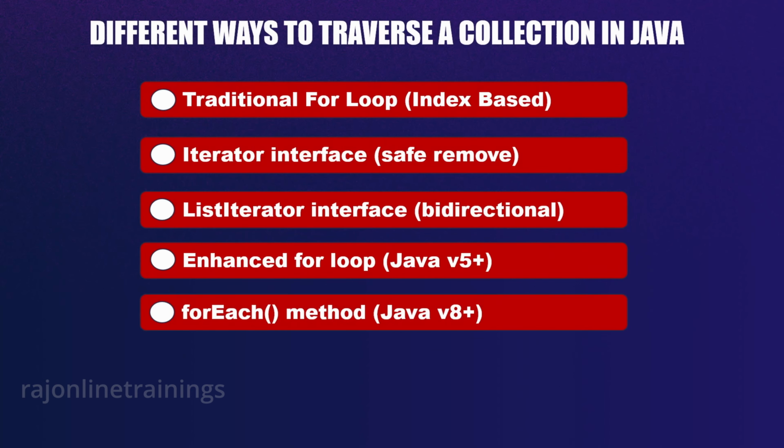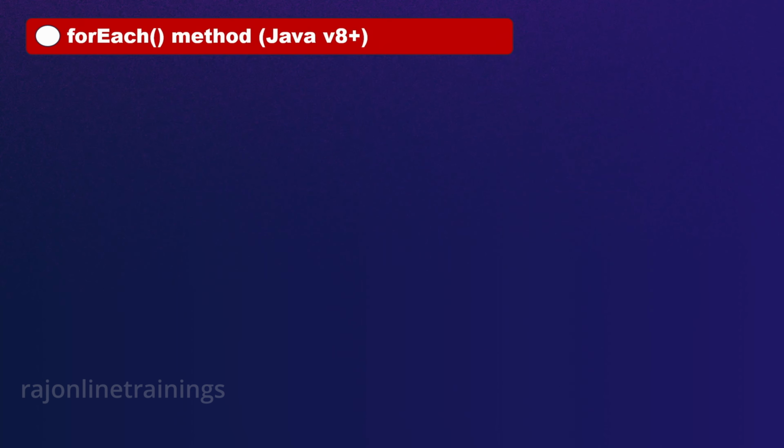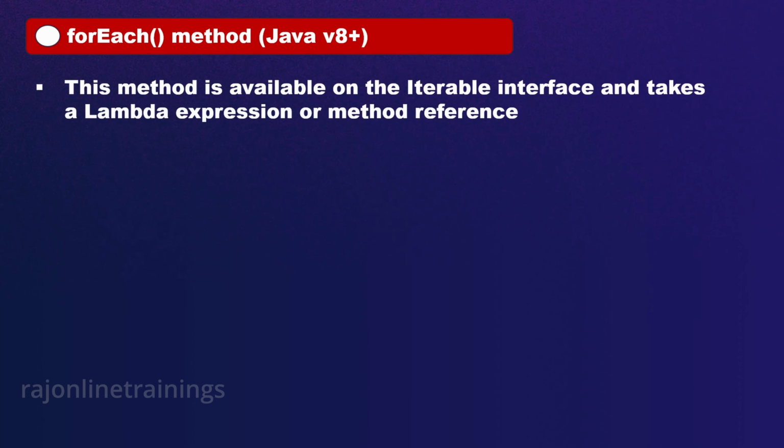The next and very important one is the forEach method, which was added in Java 8. This method is available on the Iterable interface and takes a lambda expression, or it can go with a method reference.